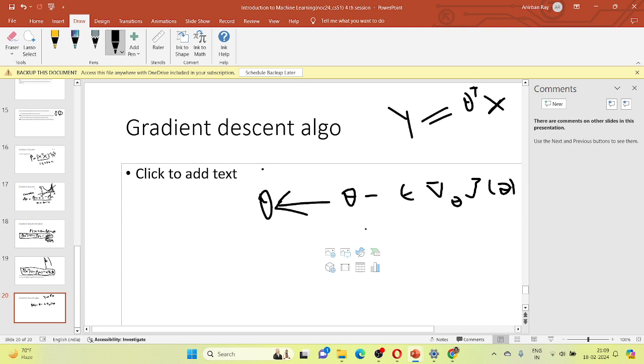Suppose you initialize theta, meaning when you start the algorithm, to a value theta 0. Then you repeat till convergence.